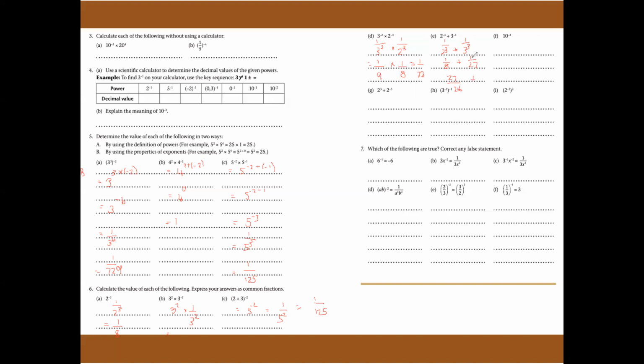Plus this, you just multiply by 8. So all that I did was multiply it by each other to get a common denominator. Then 27 plus 8 is 35.